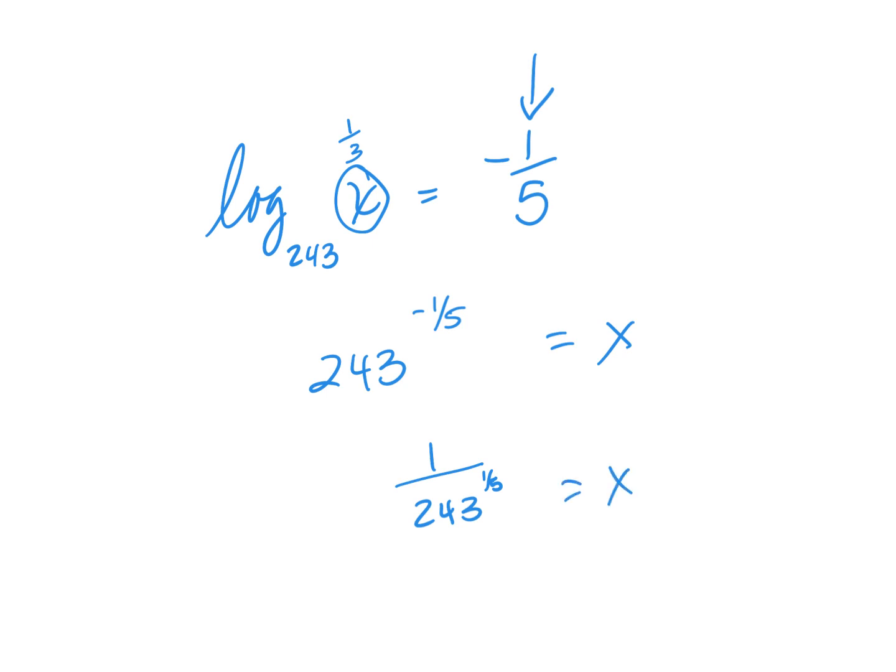Well, 243 to the 1/5 means the 5th root of 243, so it's 1 over the 5th root, and you can put that in your calculator. What is the 5th root of 243? Is it 3? So the 5th root of 243 is 3, so it's 1/3 equals x. And that would be your answer.